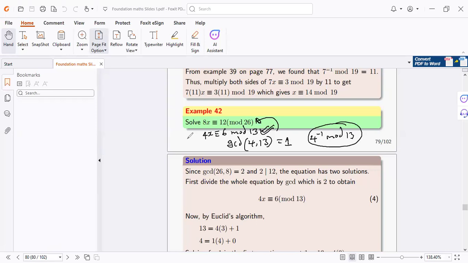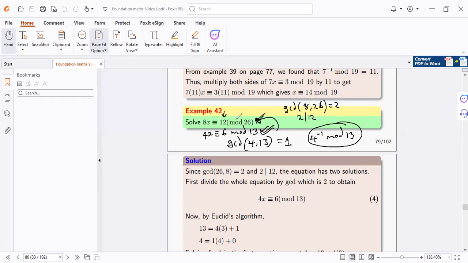Now, let me remind you again what we did earlier. For us to solve this original equation, we were finding the GCD, first of all, of 8 and 26, and this GCD is 2. And 2 divides this 12.